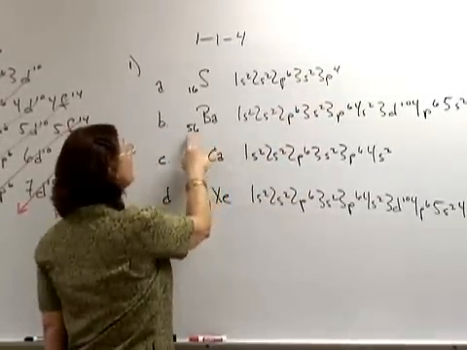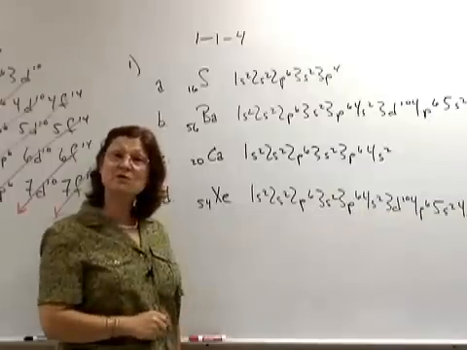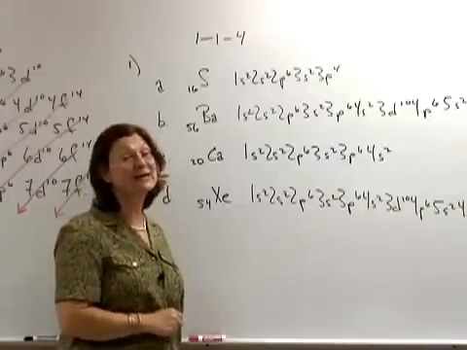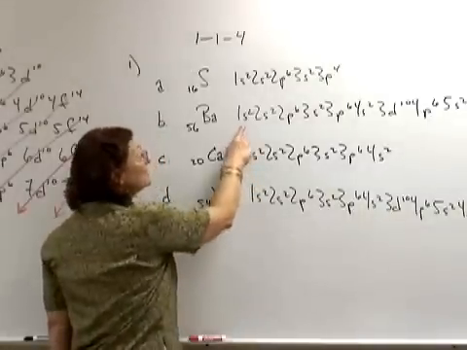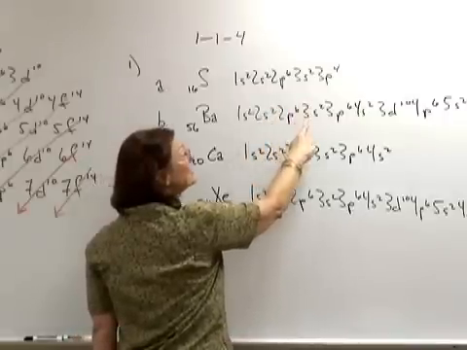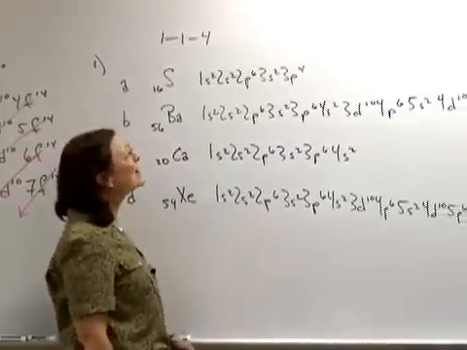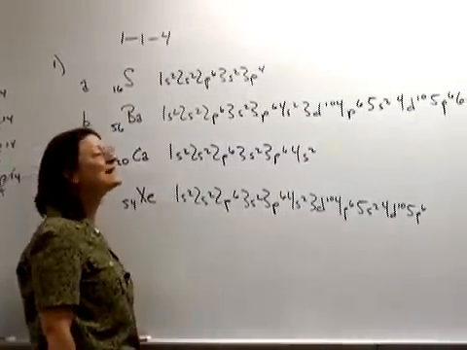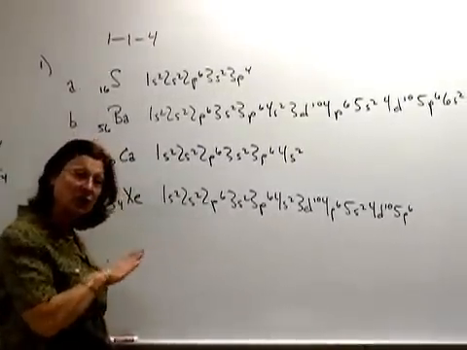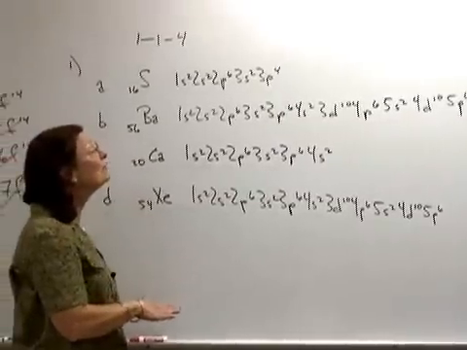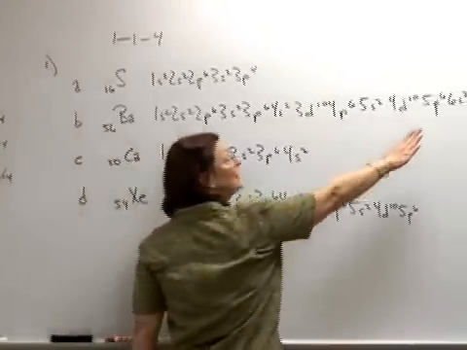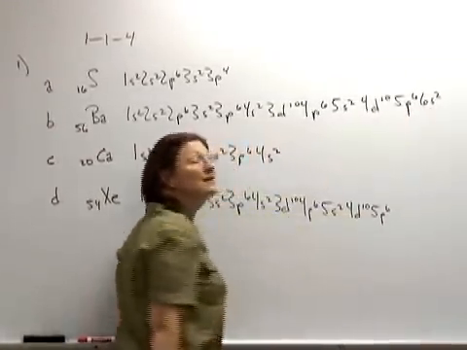Barium has atomic number 56. It has 56 protons and 56 electrons in the neutral atom. 1s2, 2s2, 2p6, 3s2, 3p6, 4s2, 3d10, 4p6, 5s2, 4d10, 5p6, and 6s2. And if I look at barium, it's on the 6th energy level, and the outermost electrons are on the 6th energy level.